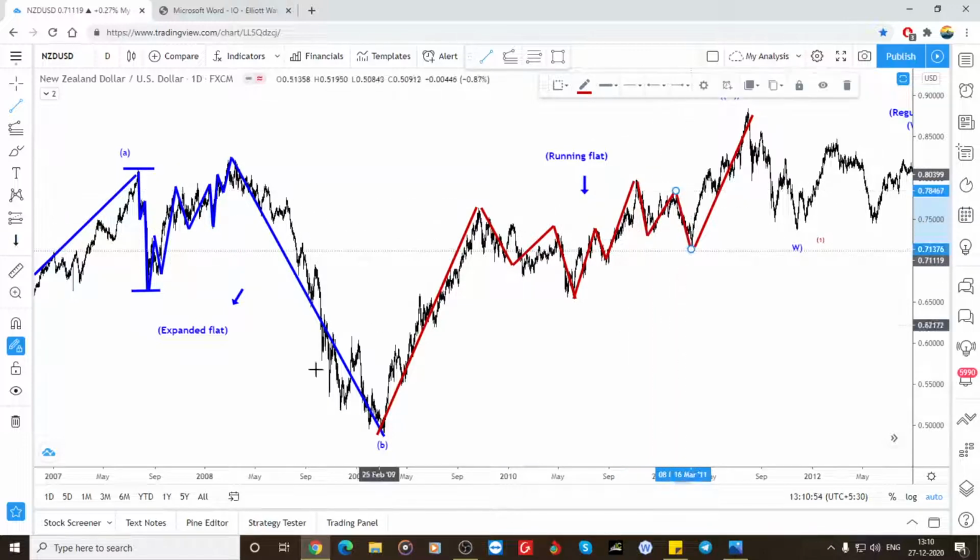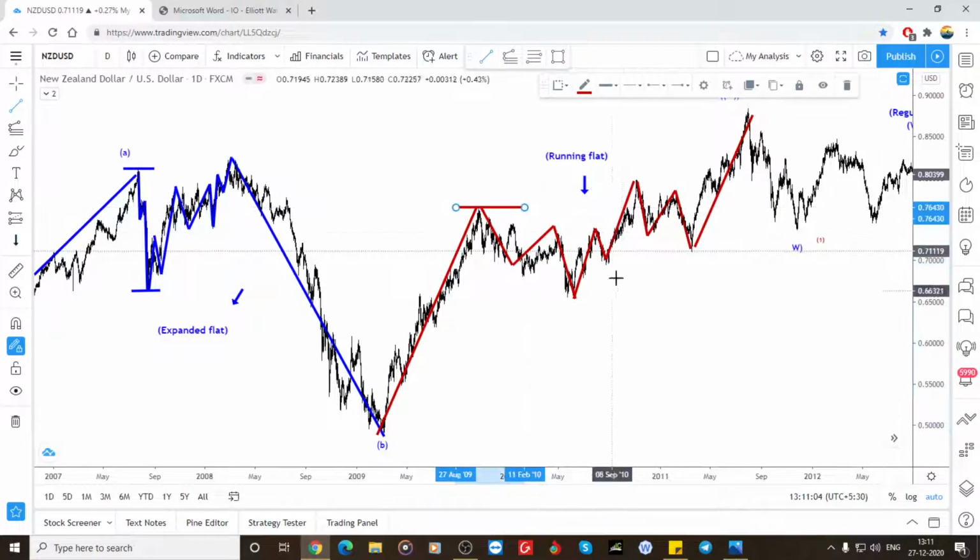So this is the wave W or A, or this is the X wave. So this is the running flat. It already broke the high, and again it came down, but it didn't break the low. If it breaks, that is an expanded flat. If it did not break and the trend continues, that is a running flat.